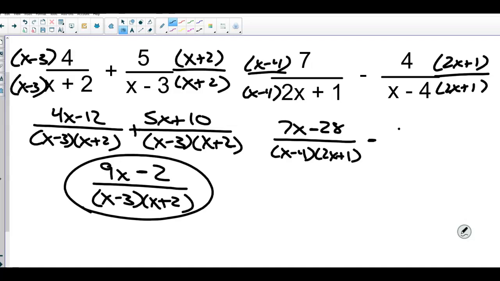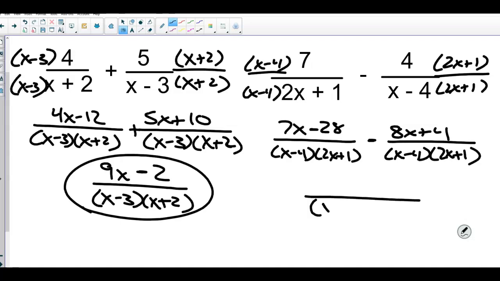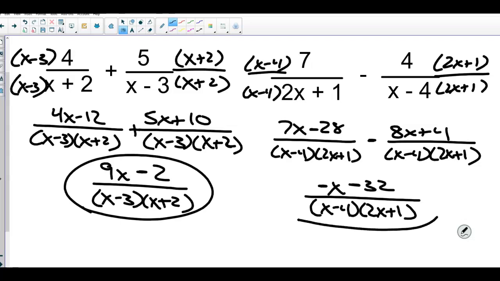We're just distributing the 4 through. 8x plus 4 over x minus 4, 2x plus 1. x minus 4, 2x plus 1 on the bottom. And we distribute this negative to both terms. 7x minus 8x is negative x. Negative 28 minus 4 is a negative 32.